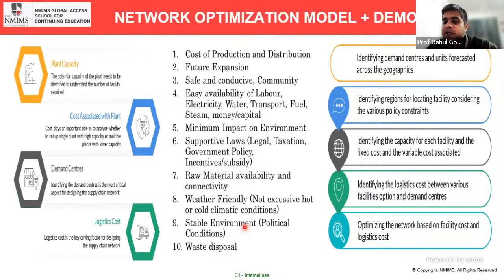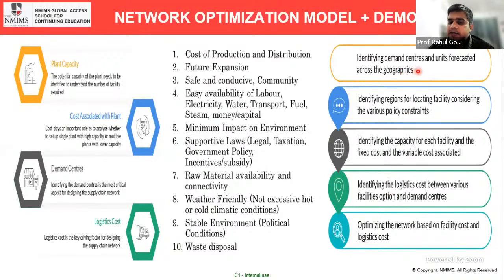And you may be dealing with electronic products where waste disposal is a very important decision. So you will not be allowed to set up factories or warehouses in some of the locations. So in the network optimization model, these are the steps followed to arrive at a particular preferred location.